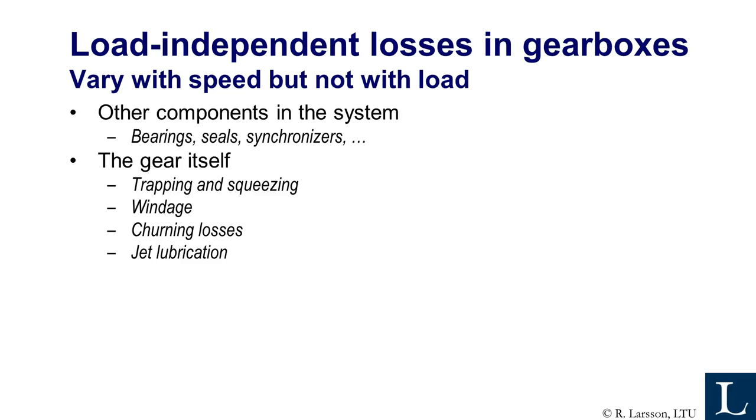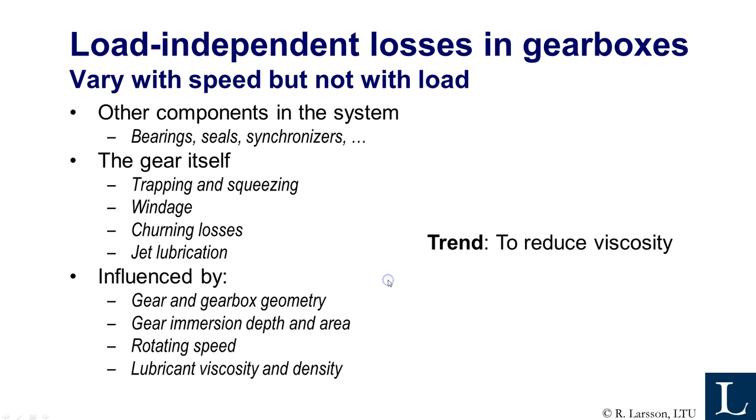That's when the oil is trapped in between the gear teeth. If you have plenty of oil there, it must be squeezed out, and that takes some energy too. Also, if you have jet lubrication, that will also cause losses when the lubricant is thrown away.